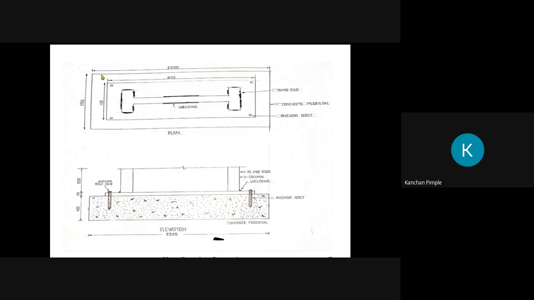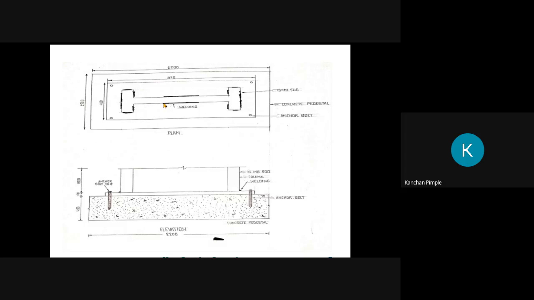On the top view, first we'll look at this outline. 2200 by 150 is a concrete pedestal throughout. Then this plate, 870 by 400, is a moment resisting base, and here is a column ISMB 500. Instead of welding every part, this I section with the plate can be welded continuously, but it is not necessary to go for whole welding.